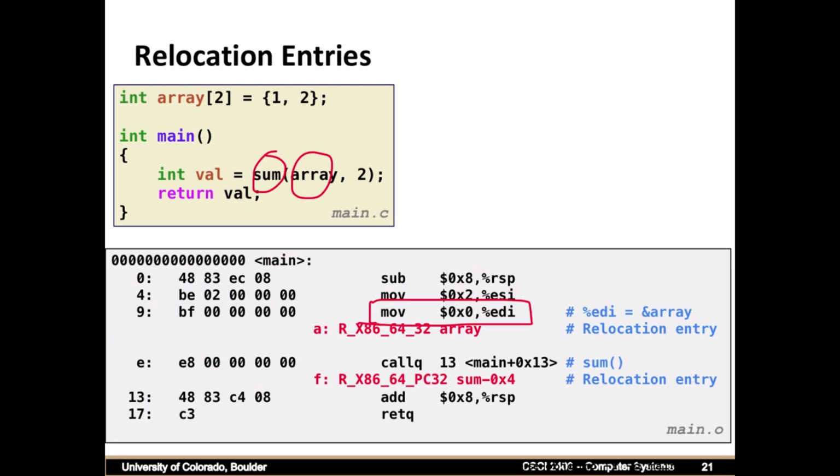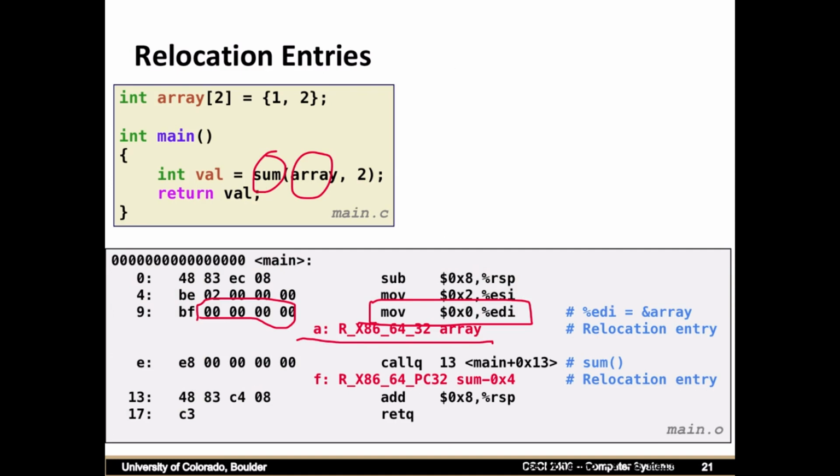When the compiler is actually generating the code for this, it generates a spot for an address, but it doesn't put the final address for the array A in here. It does put in a relocation entry saying that what we're trying to refer to is the global variable array.